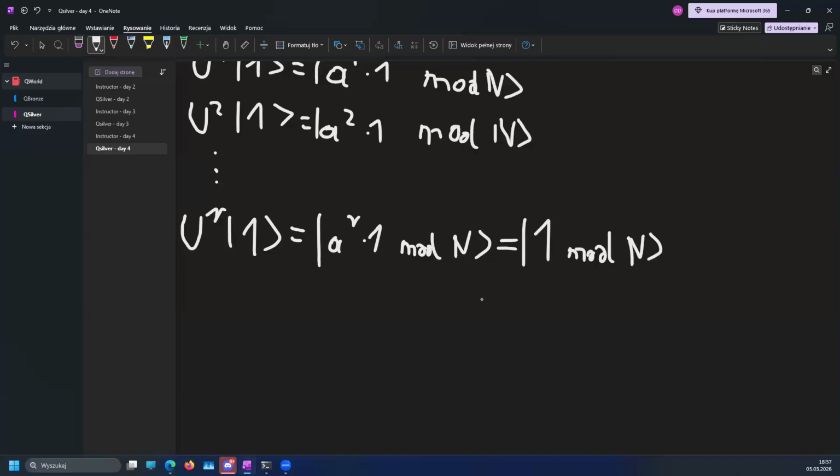So after some time, if we raise it to some power r, we will get to the state where the remainder will be equal to 1, which we can also write as a to the power of 0 remainder of n. This will be useful later on when we will be proving why we should use quantum phase estimation to make this algorithm work.